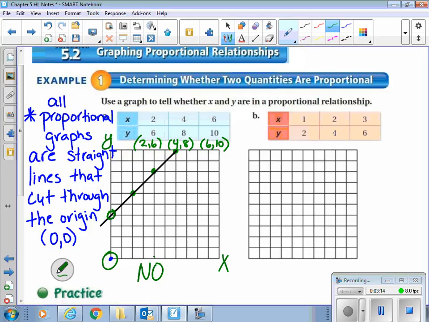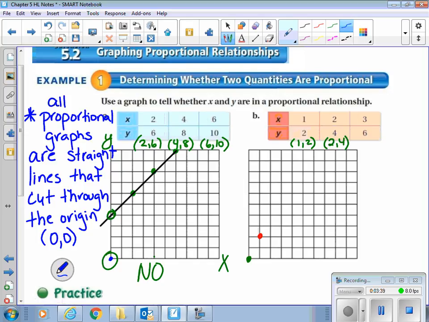If we look at part B, my first ordered pair, 1, 2, make my origin in green this time. I'm going to start at that green dot. I'm going to go right 1 and up 2, which would land me here. My next ordered pair, 2, 4.